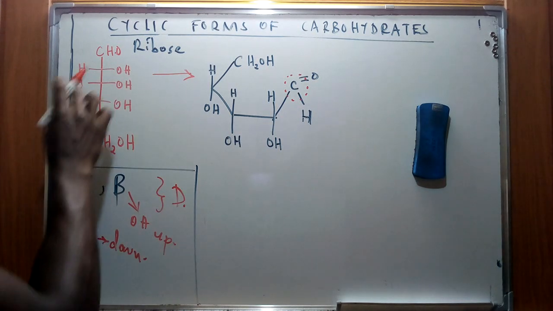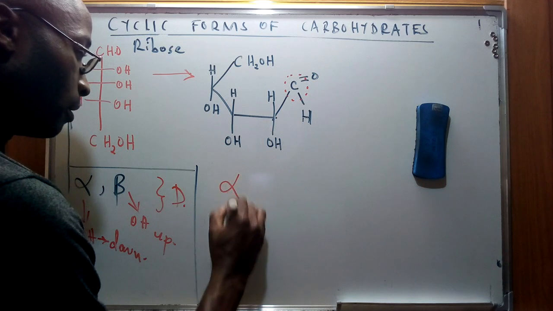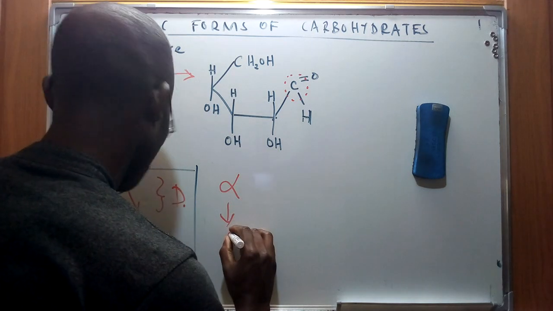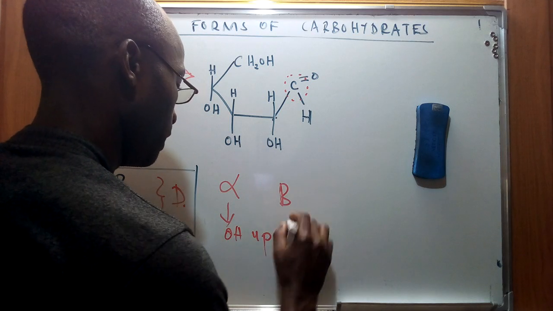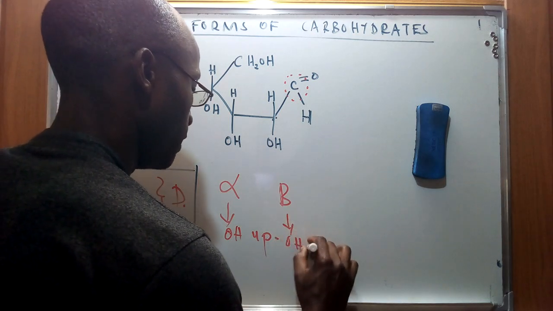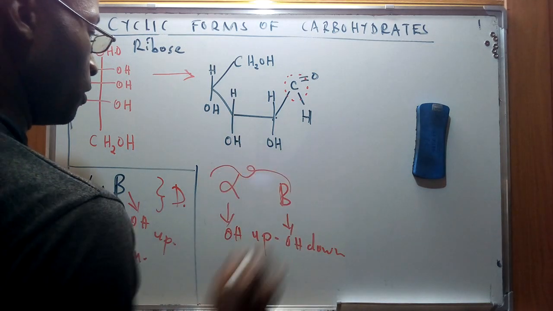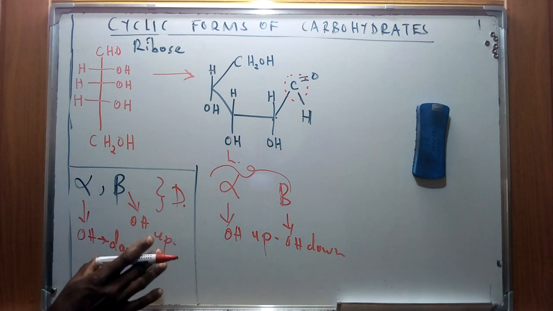Now, suppose we have an L series, where the OH group is facing the left, then we're going to see that for the L series, a molecule will be considered as alpha if the anomeric carbon OH group is facing up, and beta if the anomeric carbon OH group is facing down. And therefore, this specific denotation is going to be given for the L series. So let's try to consider those specific cases.